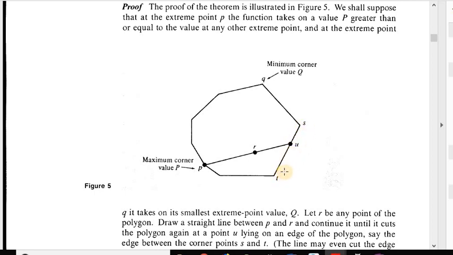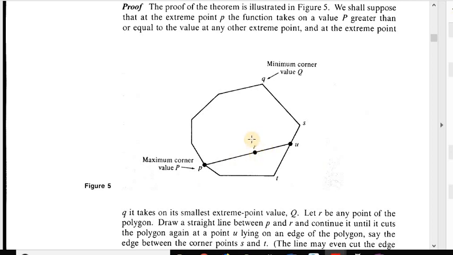And we just got through proving that the value of the function on this line segment must be largest at one or the other of these corner points. But the value of the function at one or the other of these corner points cannot be any larger than the value at this corner point. So in other words, the value at this corner point is bigger than or equal to the value here, so it must be bigger than or equal to the value at R.